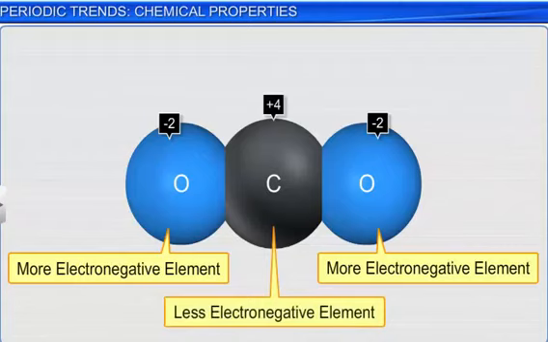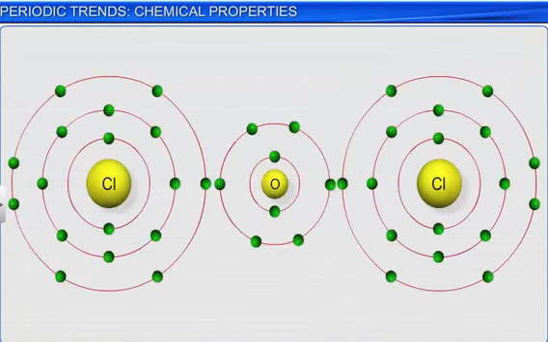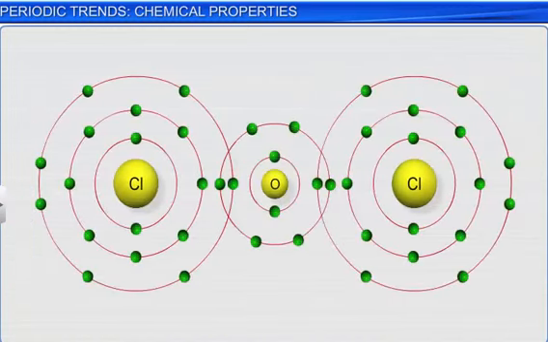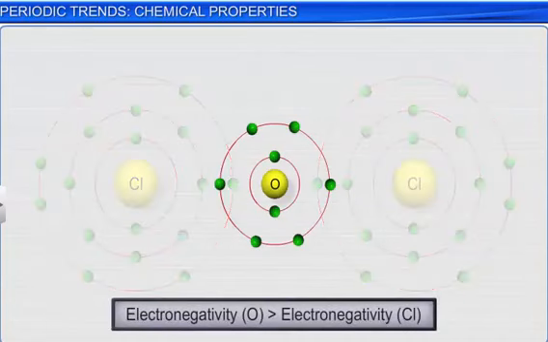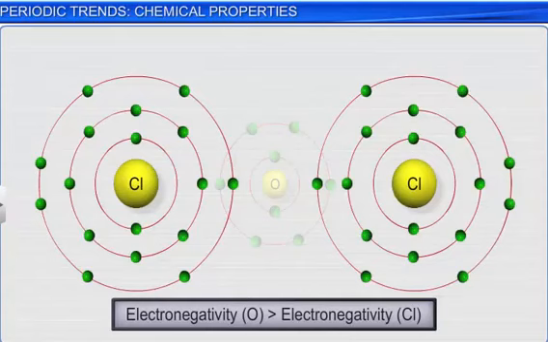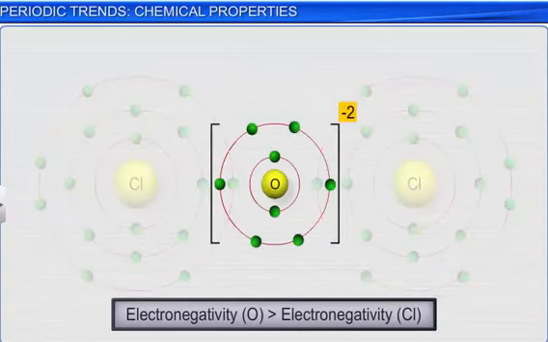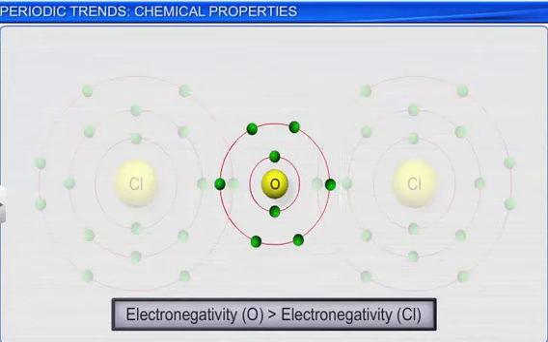For example, in case of chlorine oxide, oxygen has a greater electronegativity as compared to chlorine. Therefore, oxygen atom shows an oxidation state of -2, whereas the two chlorine atoms show an oxidation state of +1 each.